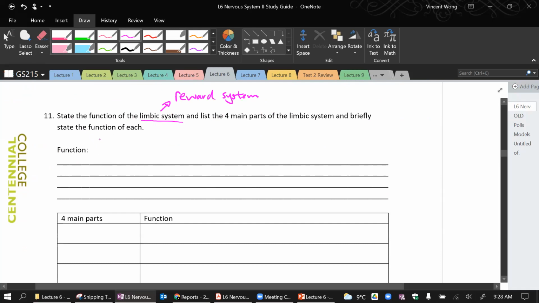What the limbic system does is it collectively causes pleasant feelings, things that make you feel good, and unpleasant feelings about your experiences.